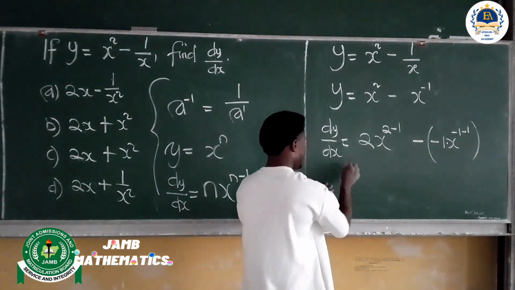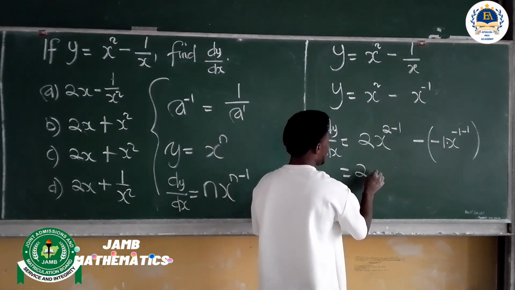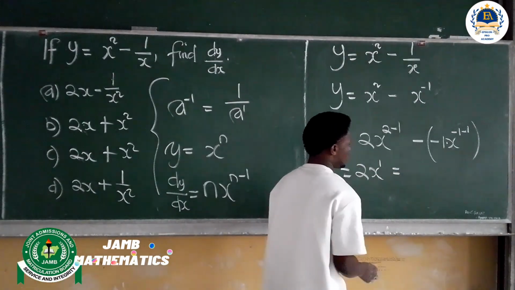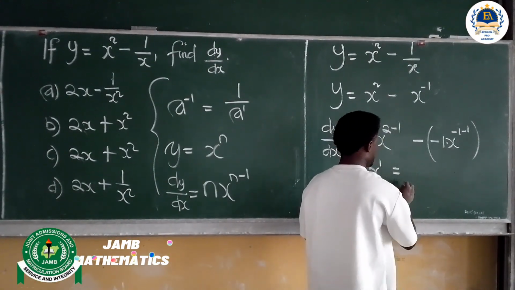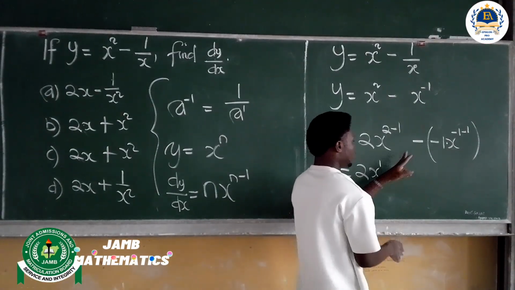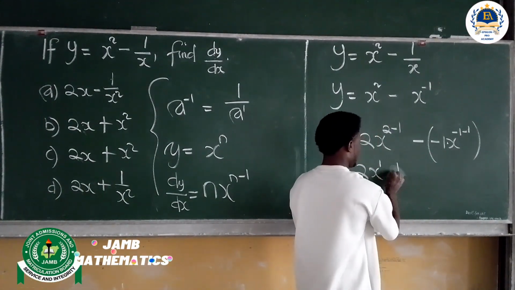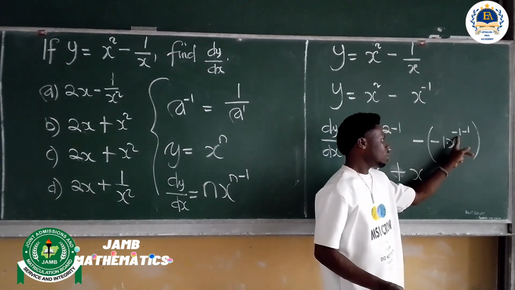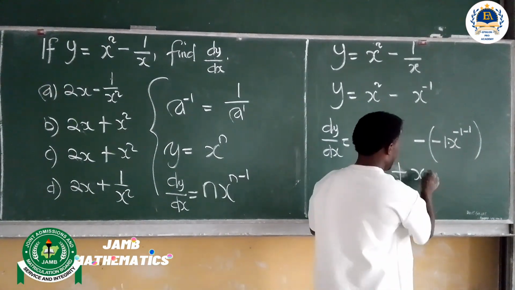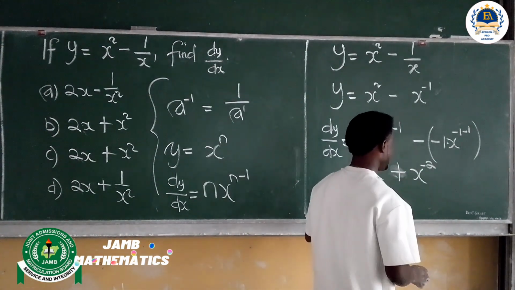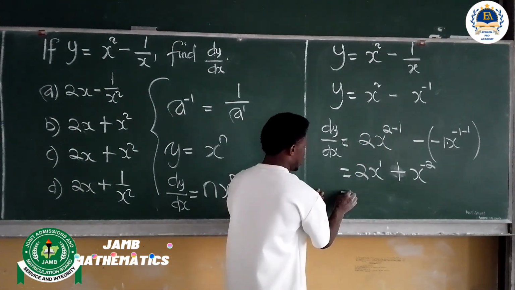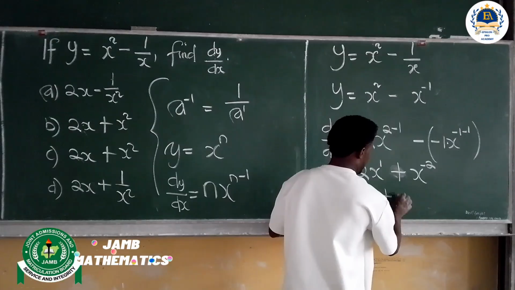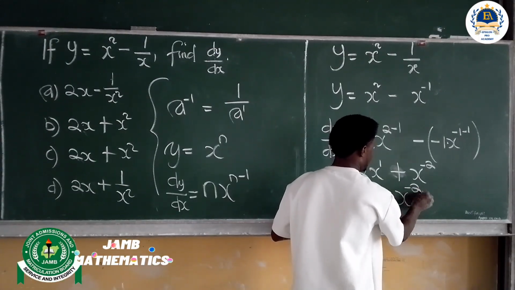Okay, so from here we have 2x raised to the power of 1, minus minus 1 times x, and minus 1 minus 1 gives minus 2. Minus times minus is plus. So at this point we are obtaining 2x plus x raised to the power of minus 2.